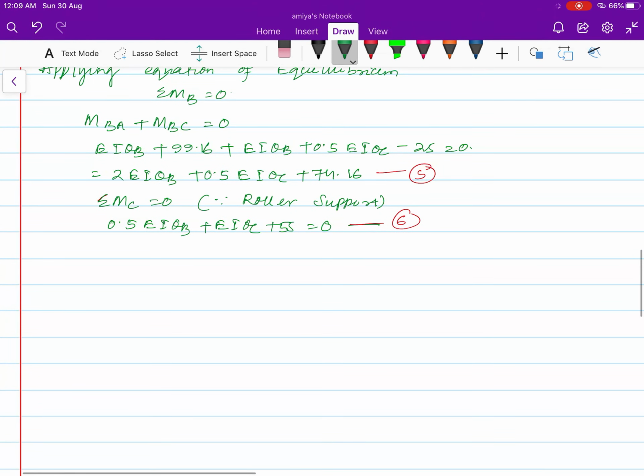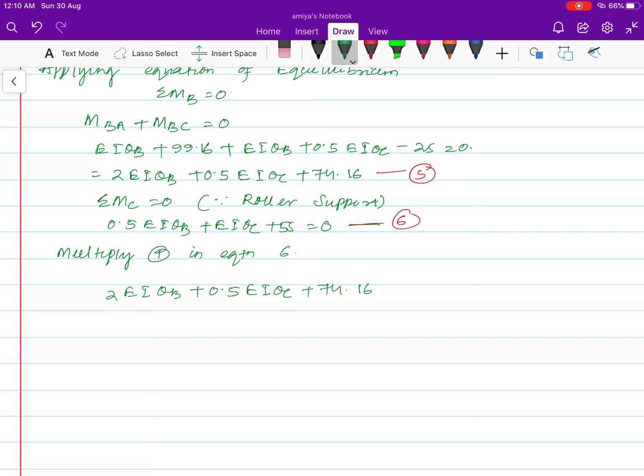Now we have to simultaneously solve equations 5 and 6 to find the two unknowns, EI theta B and EI theta C. To solve this, multiply equation 6 by 4. So we get 2 EI theta B plus 4 EI theta C plus 220 is equal to 0.